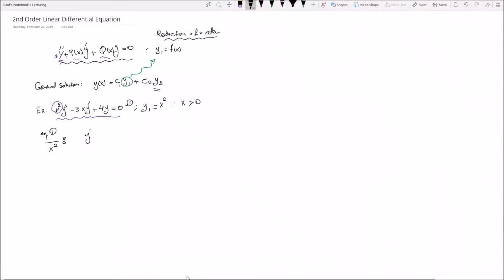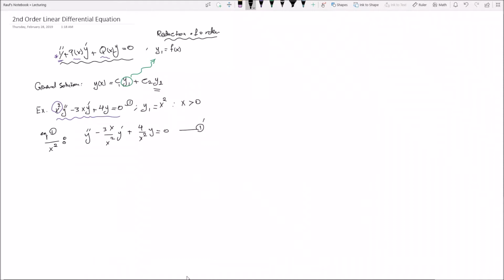It will be y double prime minus 3x over x squared y prime plus 4 over x squared y all equals 0, and we can call this equation 1 prime.